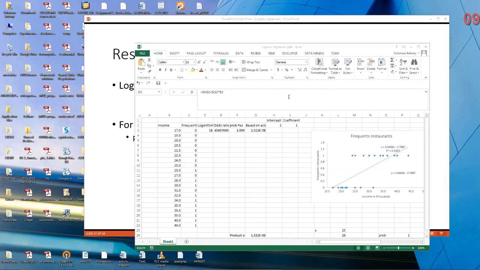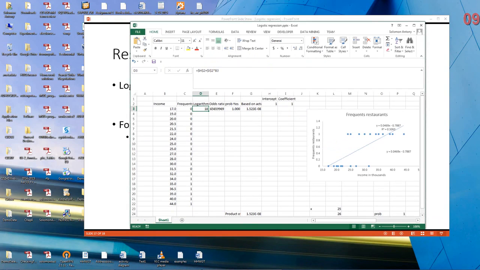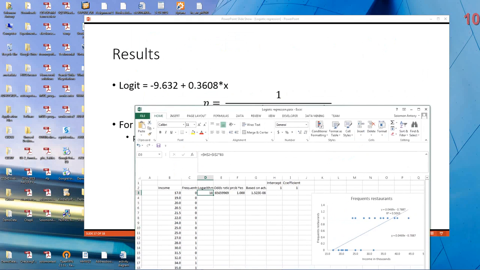Okay, here I'm in Excel, and here's my original data. That's an independent variable. Here's a dependent variable, and here are my two coefficients, the intercept and the coefficient. Right now I don't know what they are. Just set it to 1. Then I calculate the logarithmic unit using this formula.